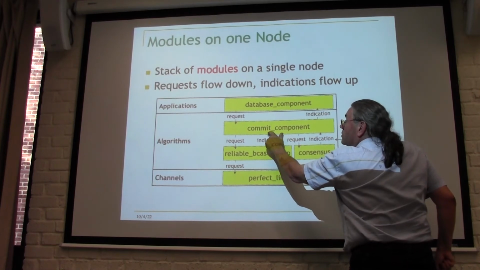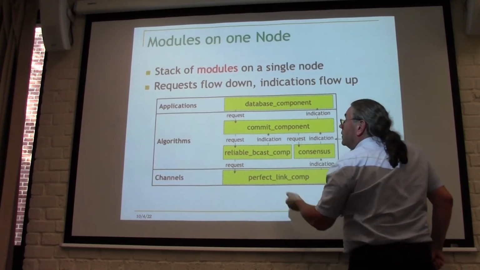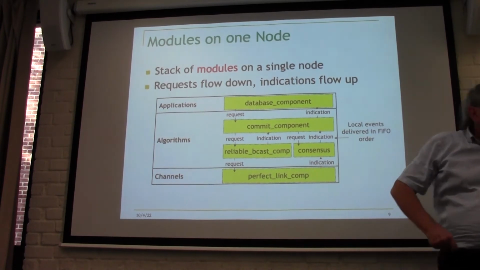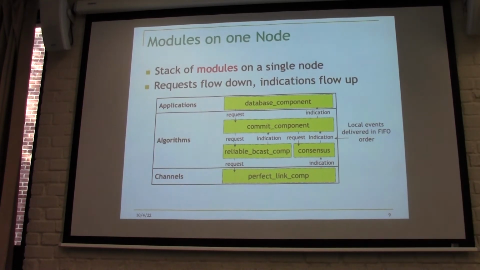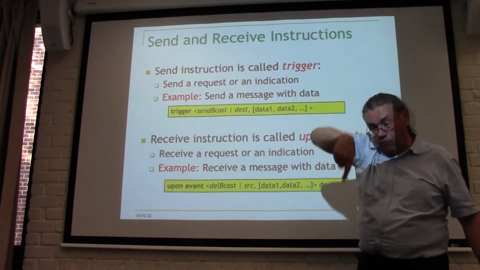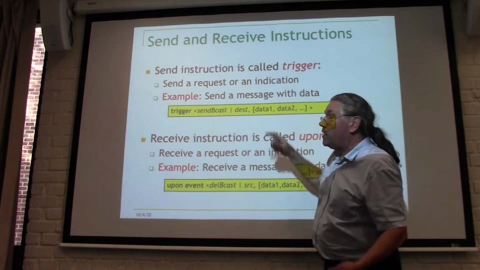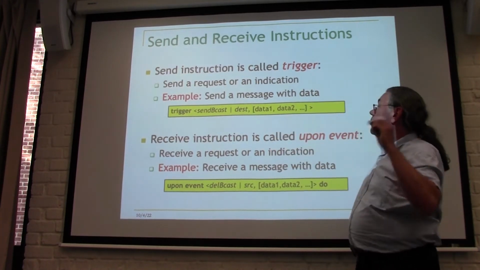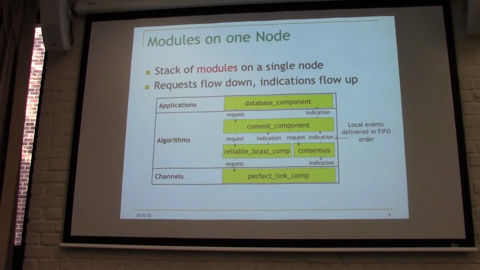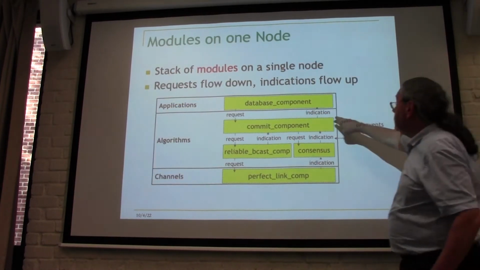And the end of the arrow is upon event. That means the request is always going down, but a send could be either going down or up. The trigger can be implementing a request going down, or it could be an indication going up. Okay? So that's kind of the main difference in terminology between request and indication.